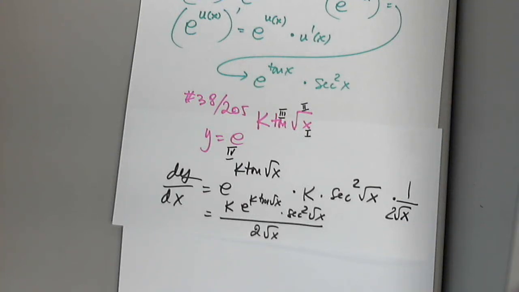I don't know if I have my calculator on the wrong setting. Because cosine of 0 is 1, right? So secant is 1 divided by cosine. So if you put here 0, you have to get 1.